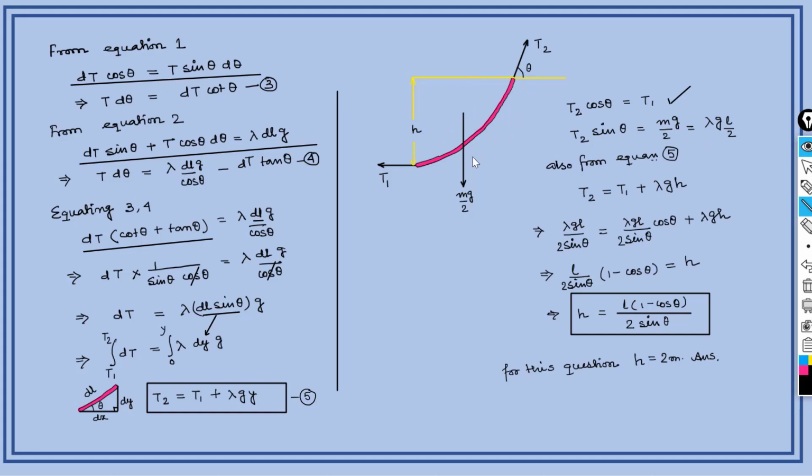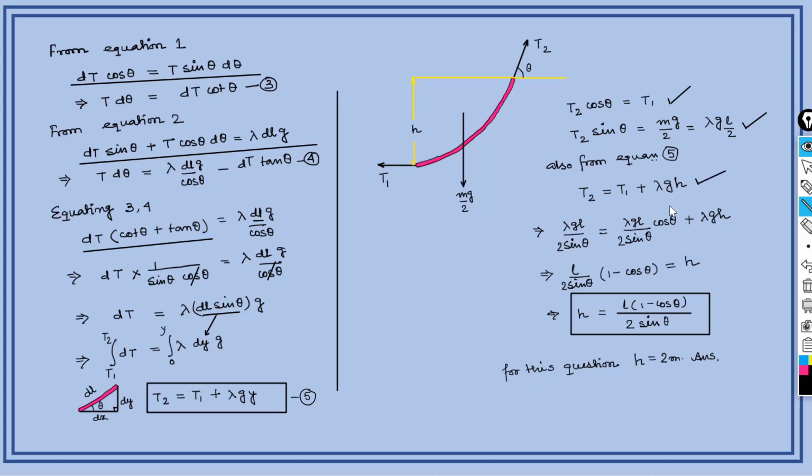Because this is only half part of the hanging rope, and mg by 2 is nothing but lambda g into L by 2. So these two equations I have got, and also equation number 5, which says that T2 equals T1 plus lambda g h, because here y is nothing but h, the height separation between these 2 points.